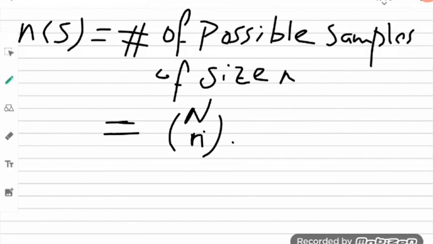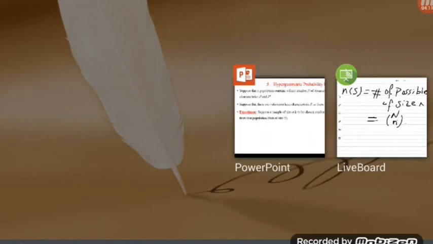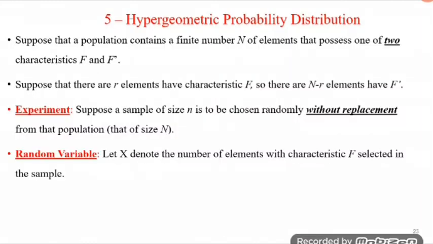Now move to our presentation to define the random variable. Here we define X to denote the number of elements with characteristic F. We can say that X is the number of successes, as long as the elements that belong to the first characteristic are a success.